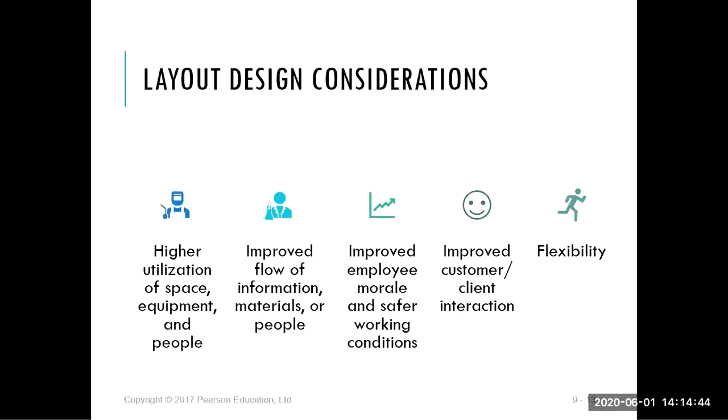The layout has to make sure that you are able to utilize all the space, equipment, and people. And then, you would like to improve the flow of information, material, or people. You have to make sure that when they pass information, materials, or people from one department to another, you can improve that flow.